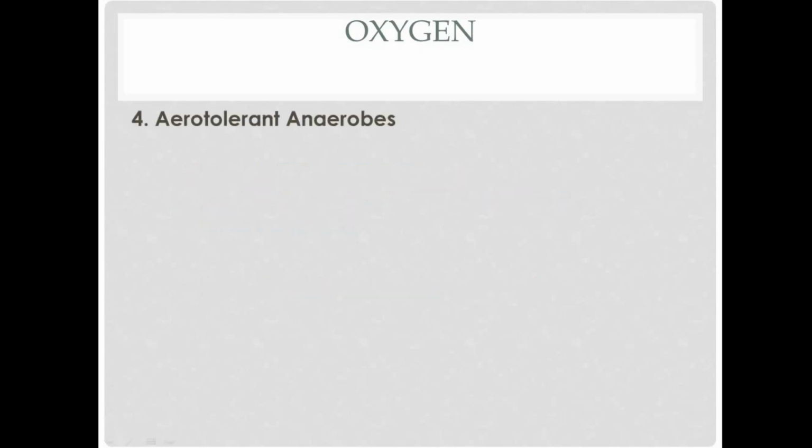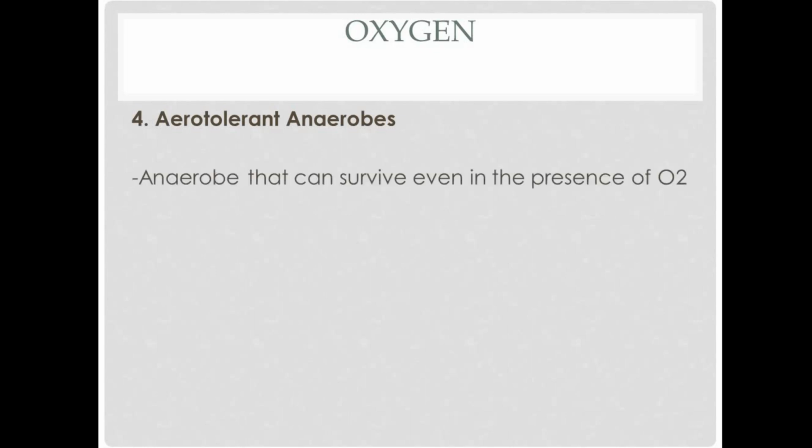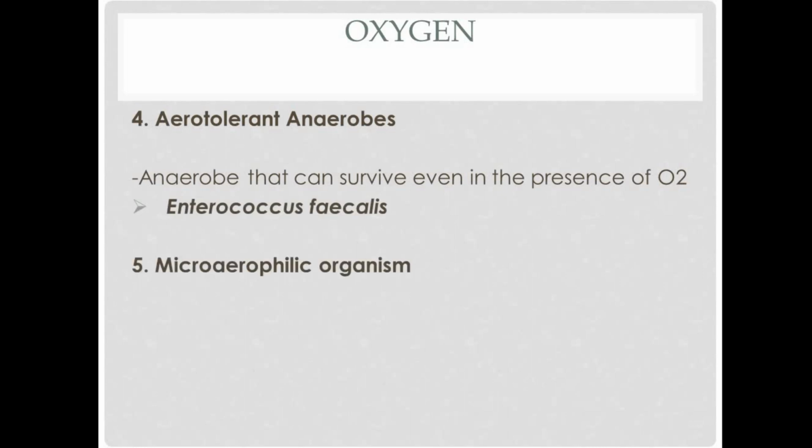Next, we have the aerotolerant anaerobes. So they are anaerobes that can survive even in the presence of oxygen. Kahit anaerobes sila, when there is oxygen, they can also survive. Okay? So an example is Enterococcus faecalis.